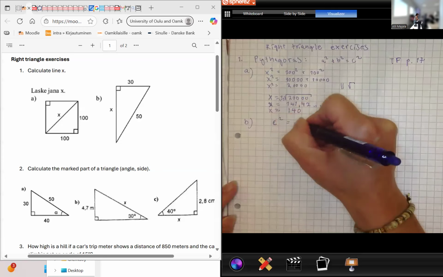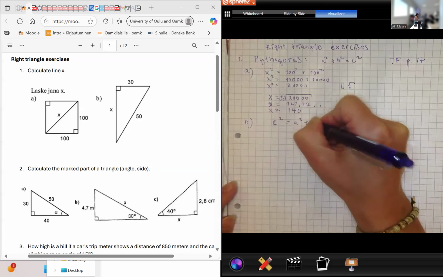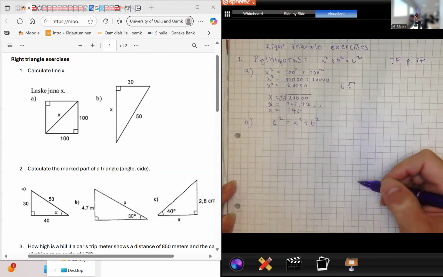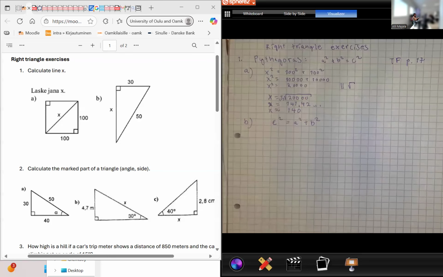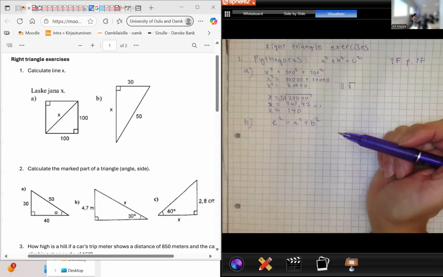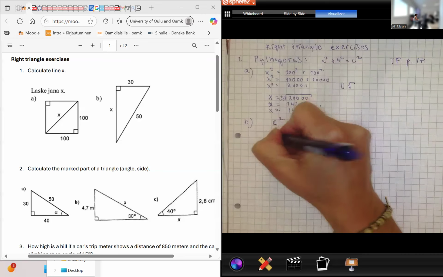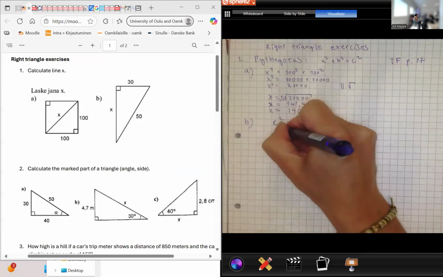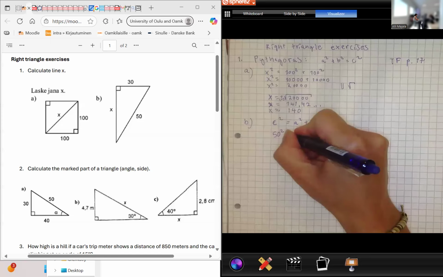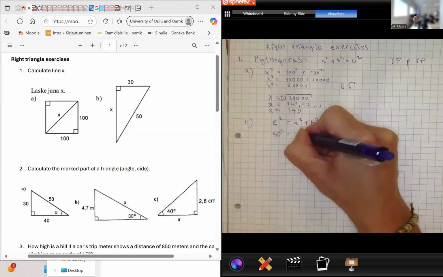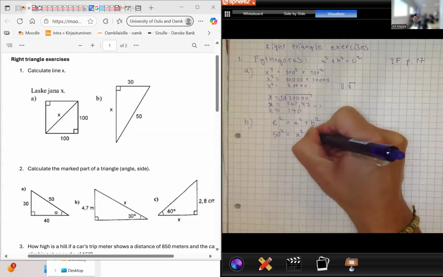C squared is A squared plus B squared. So now the X would be, for example, the A. Our C is here 50. Obviously, it's the longest side, the hypotenuse. And then X squared plus.